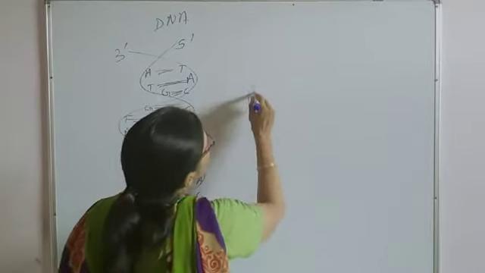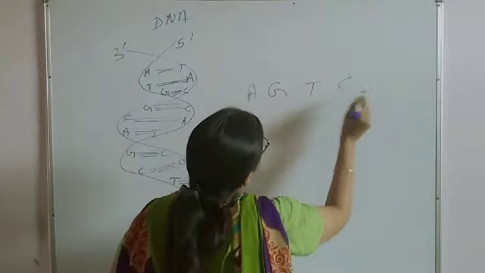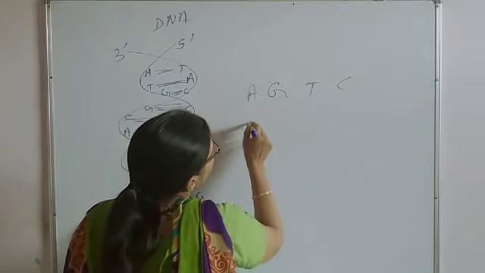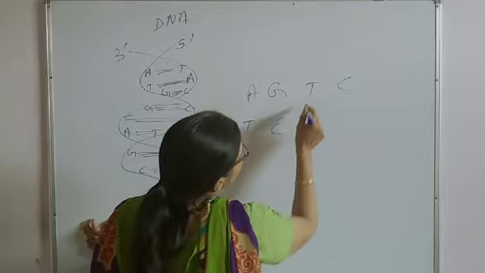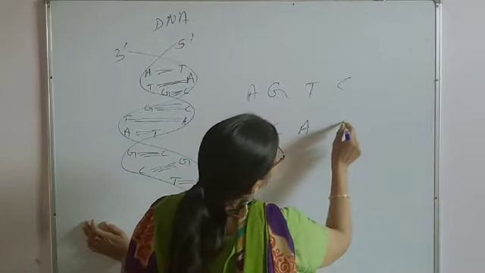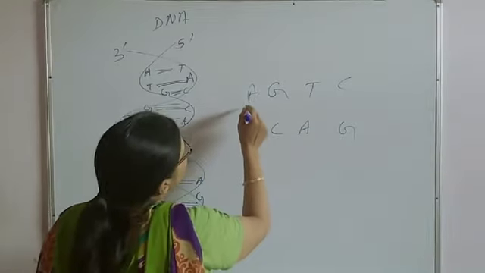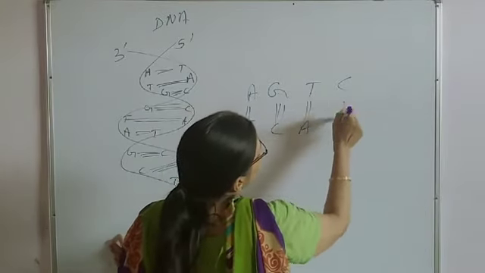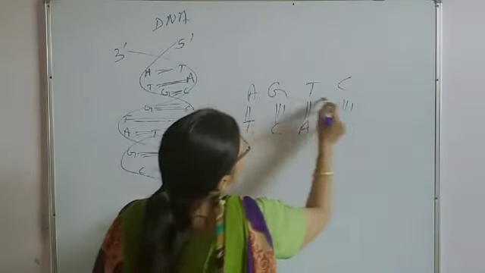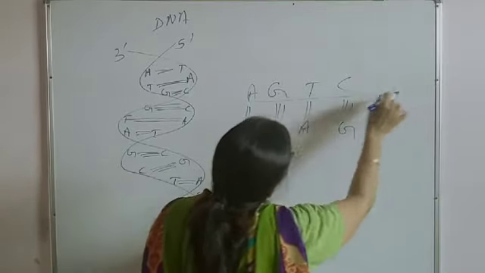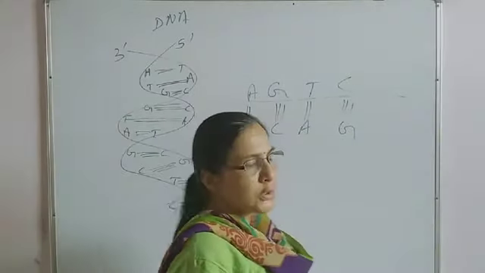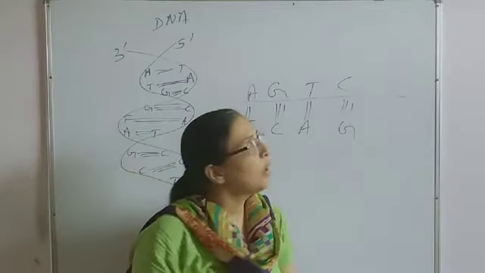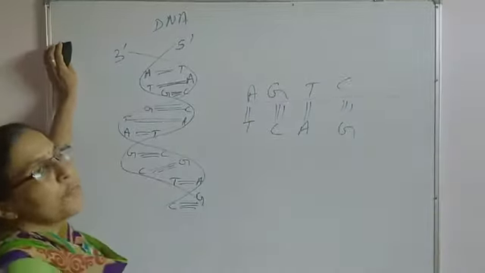I think you can understand the complementary structure. If A you know, then the opposite strand will be T. Here G means C, T means A, C means G; A to T double bond, here triple bond, here again double bond, here triple bond. So if one strand is A, G, T, C, C, whatever it is, you can find the second strand. Sometimes these are board repeated questions also. That's all about the structure of DNA.